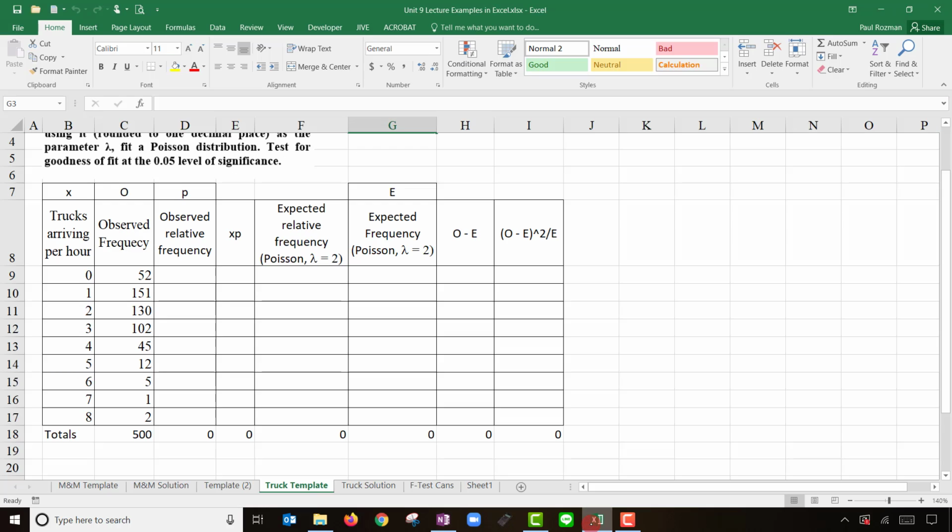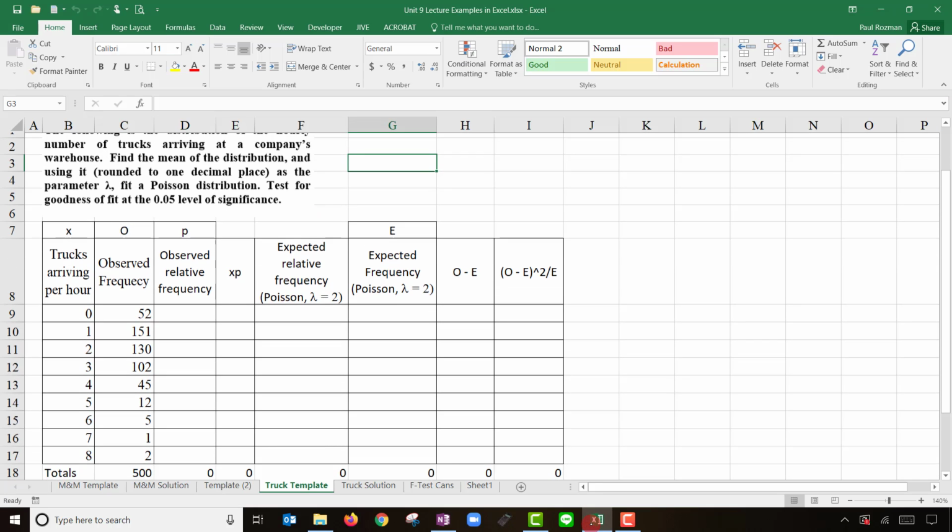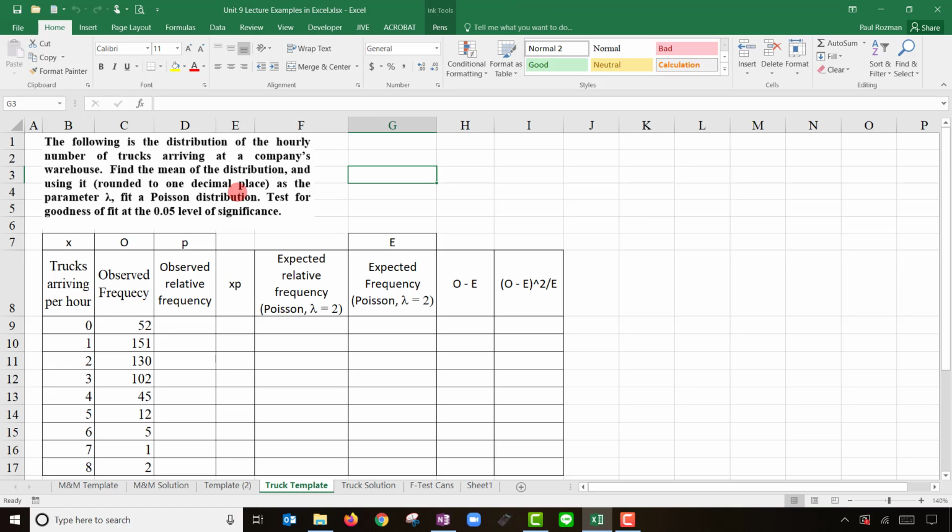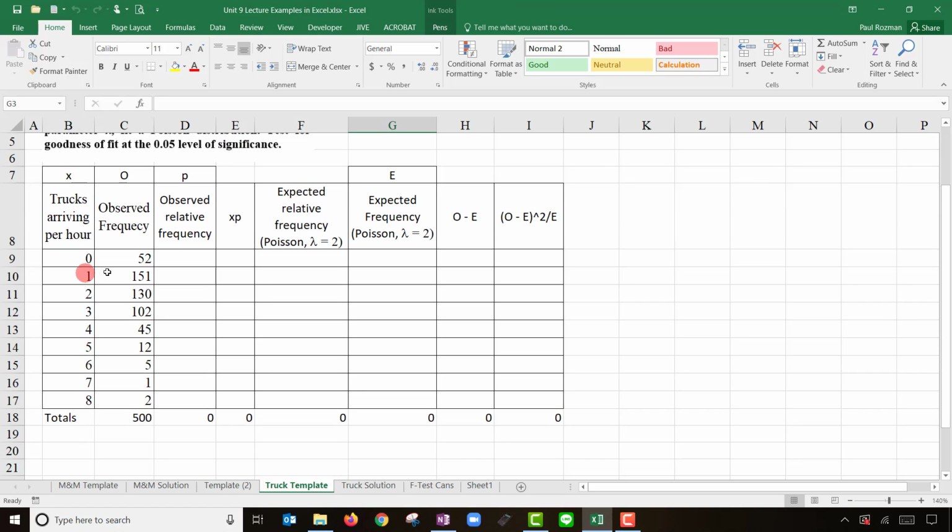So I'm going to jump to an Excel sheet here. I've already copied and pasted the question. I copied and pasted the data, and I added up how many hours we kept track of. We did this experiment 500 times. So on 500 different hours, we kept track of how many trucks arrived at the warehouse.